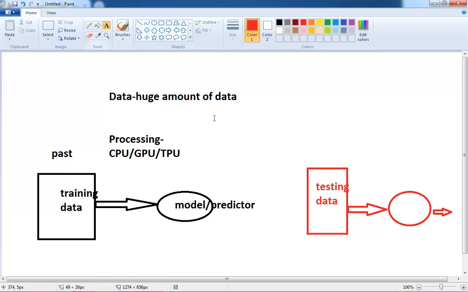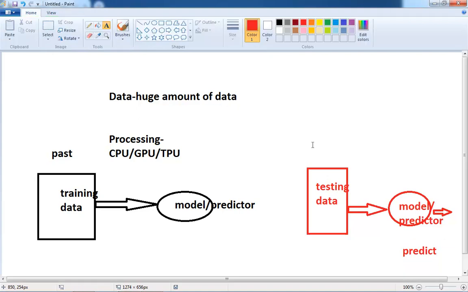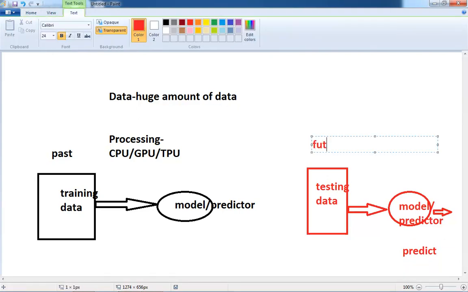So it should be a model or predictor. And then finally, you will do some prediction. You can say it is predict. Okay, so this is your future.